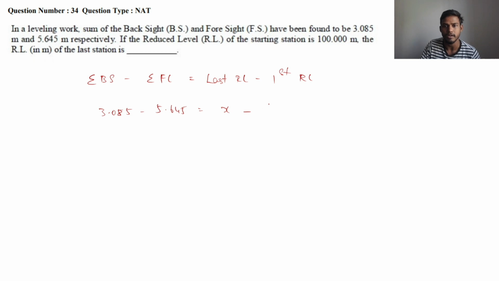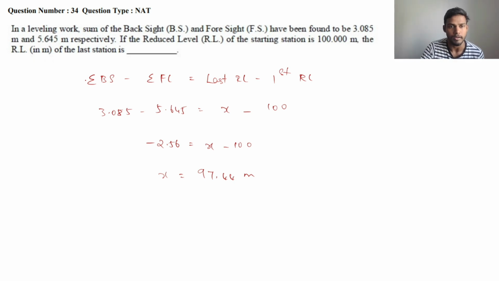First RL is given as 100.085. 100.085 minus 5.64 is equal to minus 0.46. 0.5 to x minus x is equal to last RL, which is equal to 97.44.